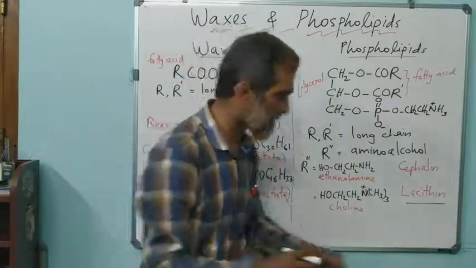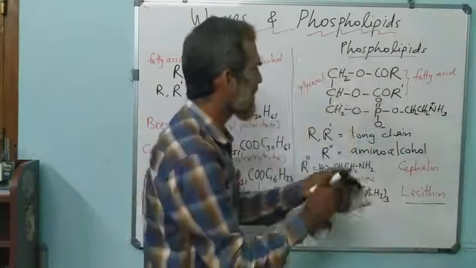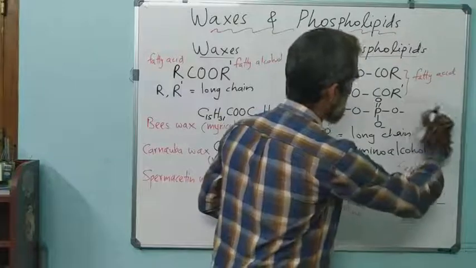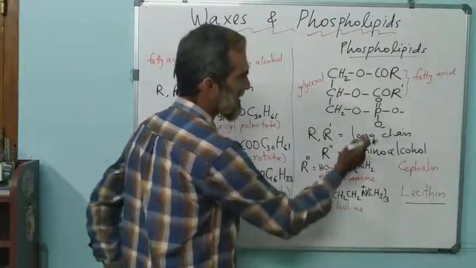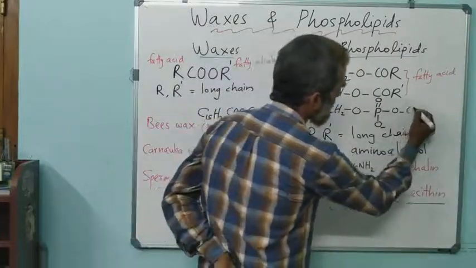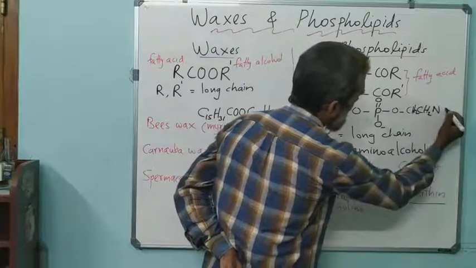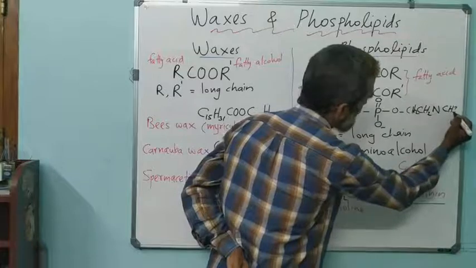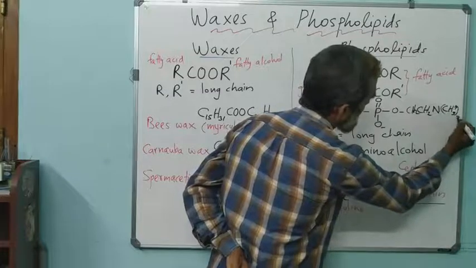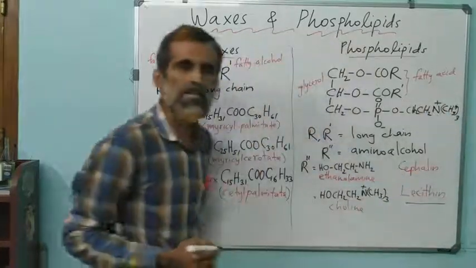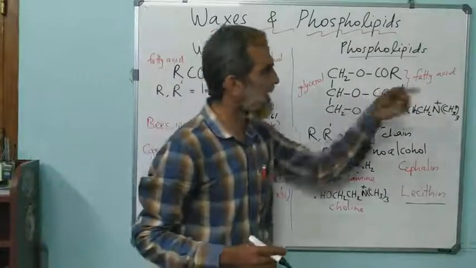So what's the structure of lecithin if asked? You have to write it like this. Lecithin is here O, CH2, CH2, N, CH3 thrice, plus. This is lecithin. And what about this fatty acid group?